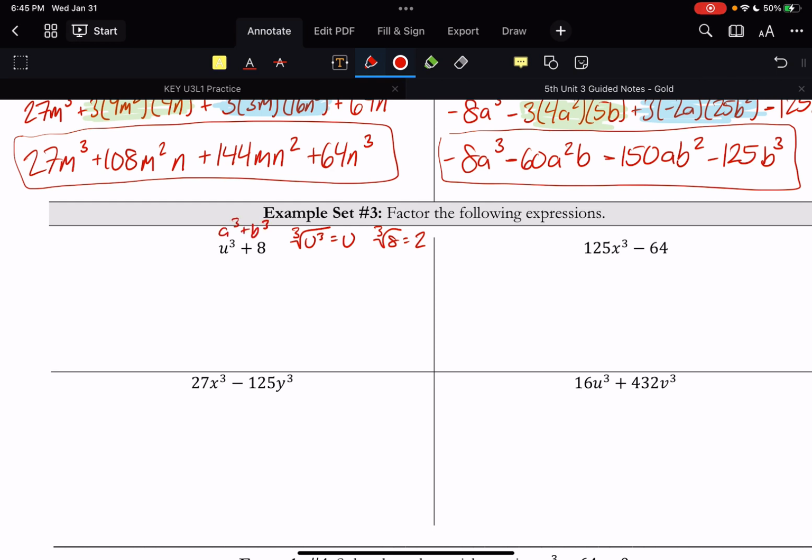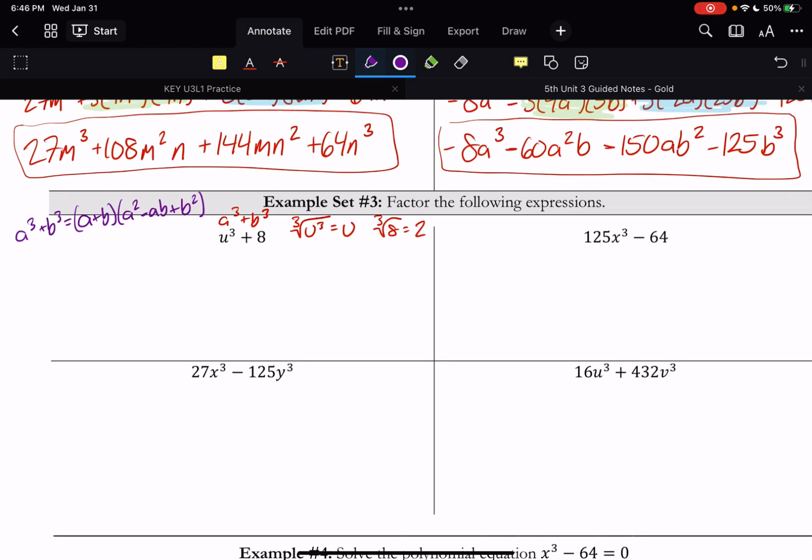So we're going to be working with that formula, which is at the top of your sheet. So reminder, just going to write this down so we have it. A cubed plus b cubed is equal to a plus b times a squared minus ab plus b squared. So now I'm just going to plug in.